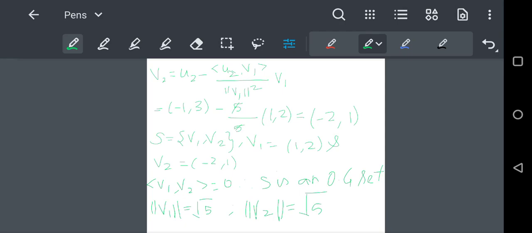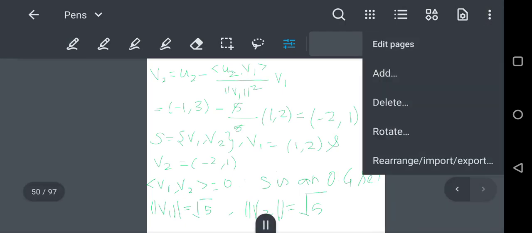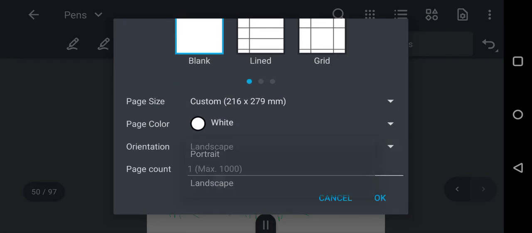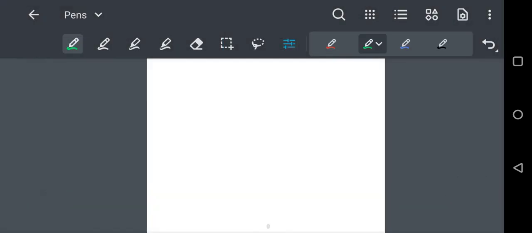With this we can normalize to find the values for the q's. So q1 is equal to v1 divided by norm v1. The value for v1 is (1, 2) divided by root 5. That gives me (1 divided by root 5, 2 divided by root 5).